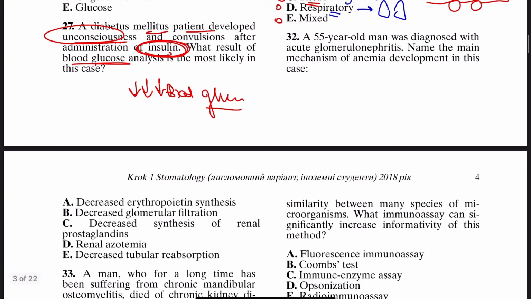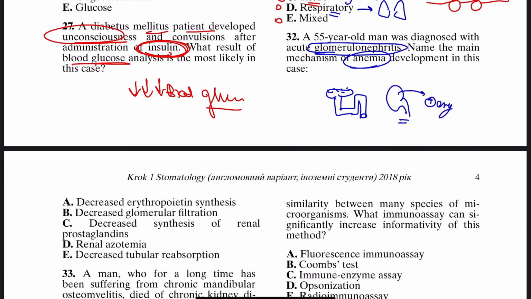Here this person has acute glomerulonephritis, inflammation of the glomeruli we spoke about today, and this inflammation caused anemia. Why did anemia happen in this case? You should know that one of the functions of the kidney other than filtering blood is producing something called erythropoietin.